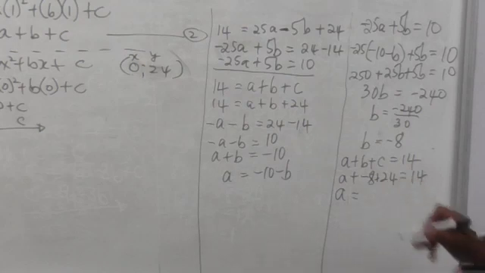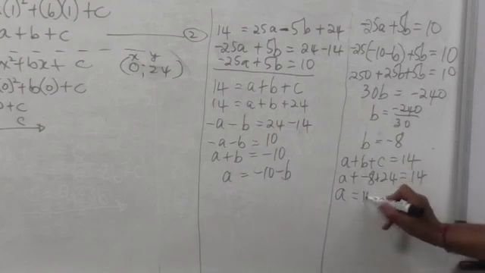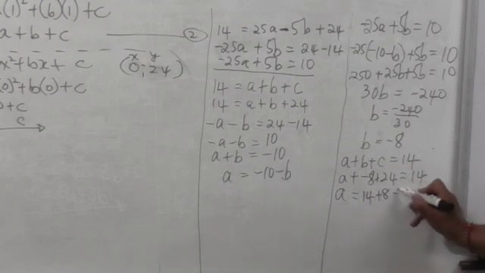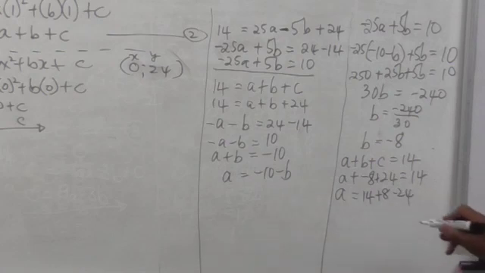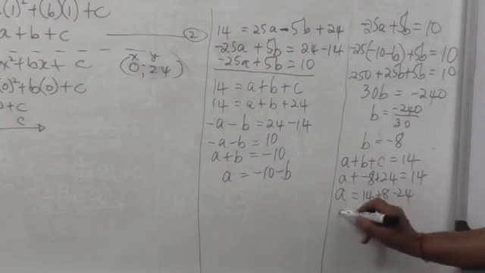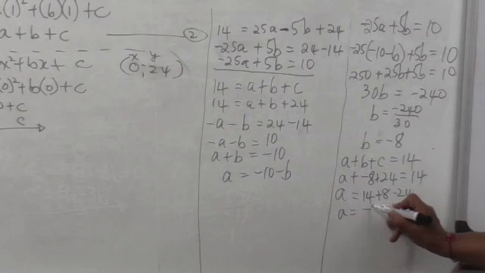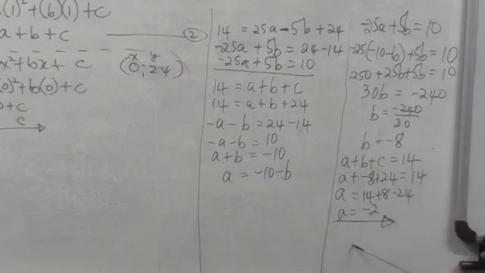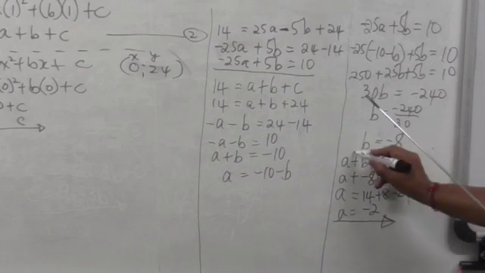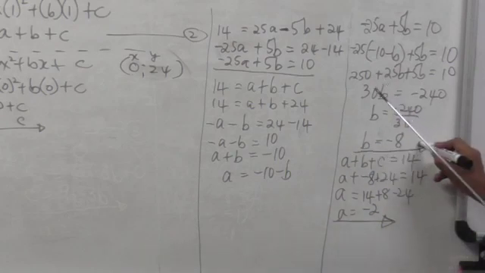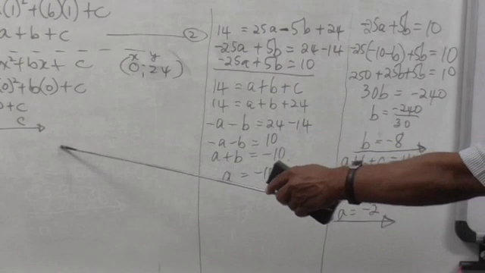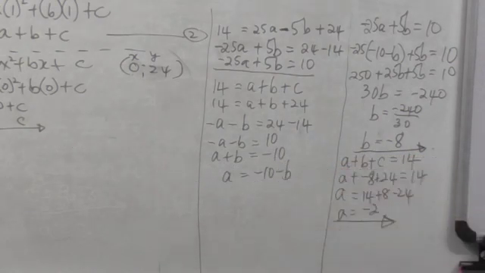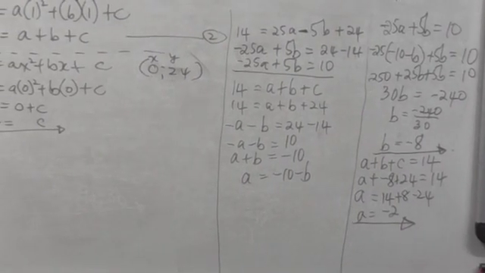So a is equal to 14 plus 8 minus 24. That is minus 2. a is equal to minus 2. So we have solved for a. a is minus 2, b is minus 8, and c is 24. So that's how we do this particular example.